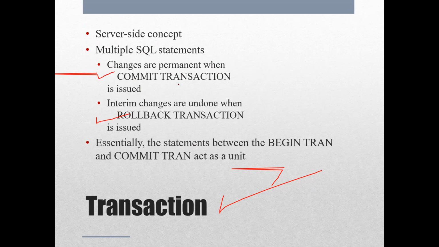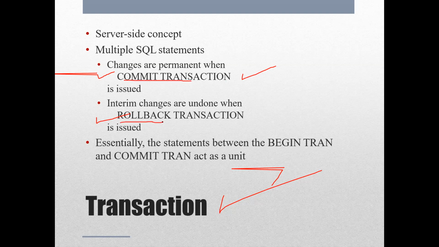One action is commit. As its name suggests, commit means we now want to permanently implement that transaction. If you permanently implement something, you have committed a transaction. This is one of the actions we take after a transaction.